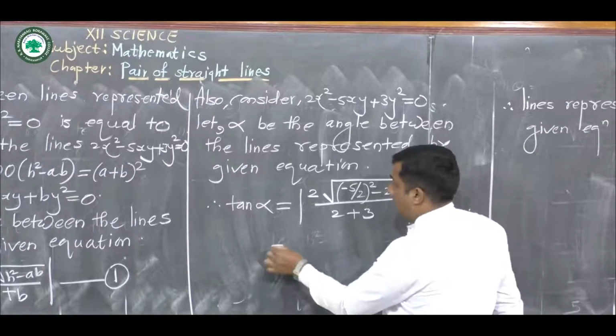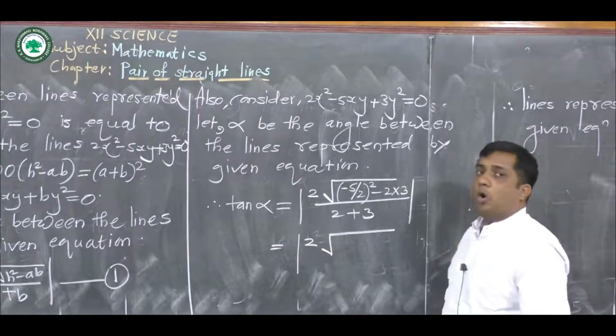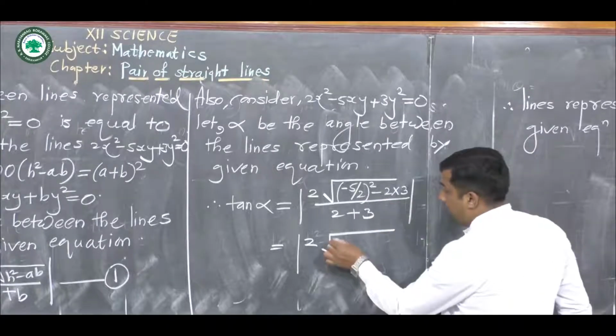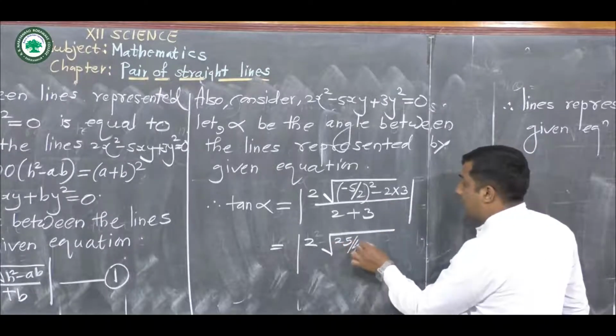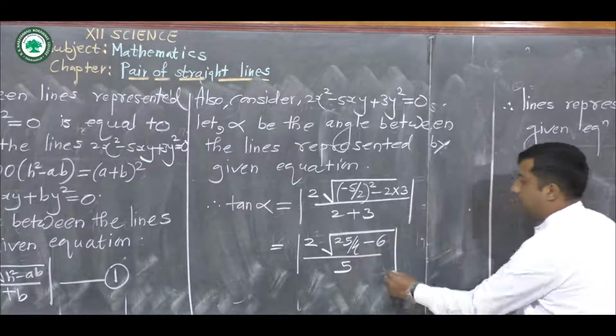Okay, this is equal to, inside the mod, 2 into square root of, we know minus 5 by 2 square is 25 by 4, so 25 by 4 minus 6, this divided by 5.